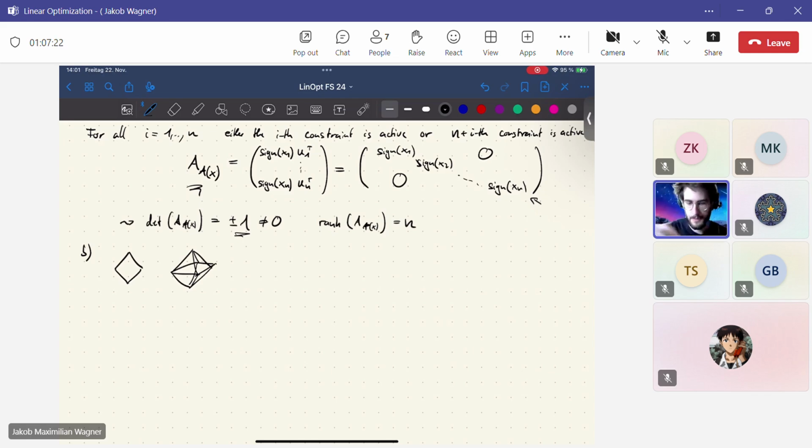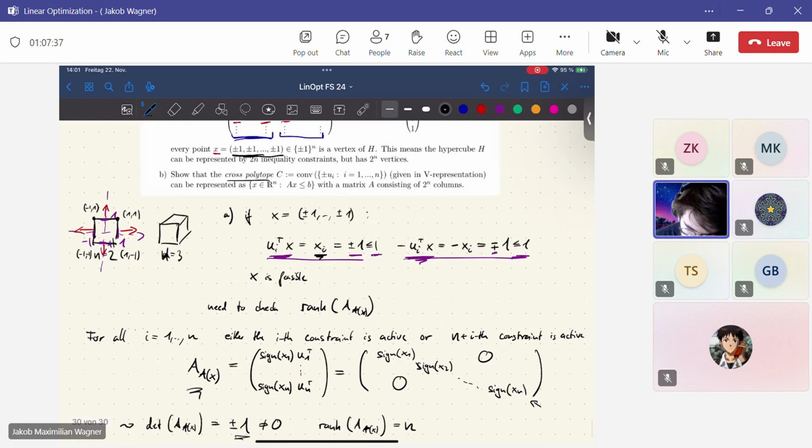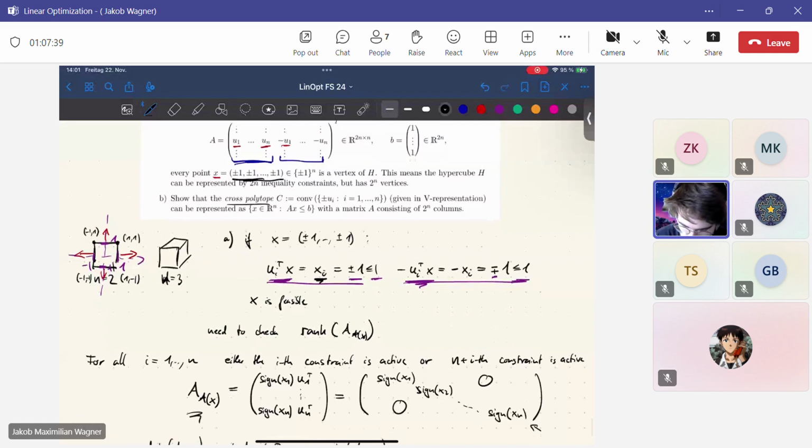So in 3D, the two sets are actually different from each other. So we have here the octahedron and we have the cube for the two examples. And this is described as the convex hull of all the plus minus the unit vectors.